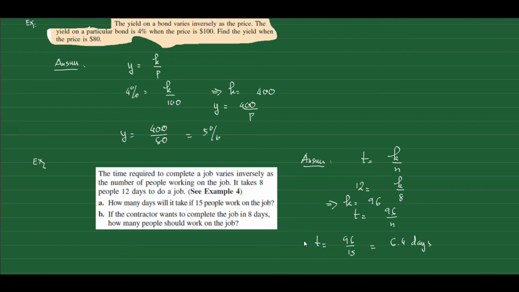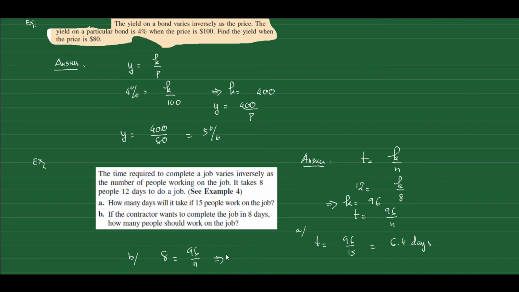That's part A. Part B. If the contractor wants to do it in 8 days, how many people? So time is 8, and we use 96 over n.